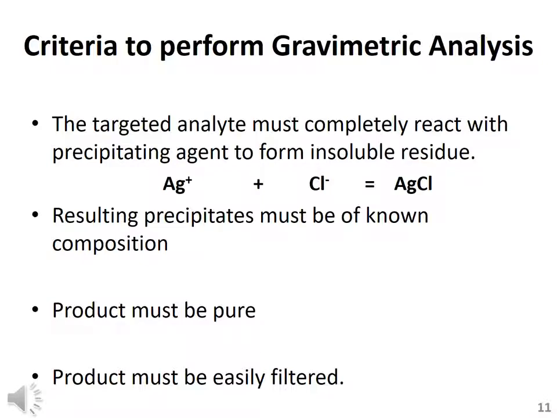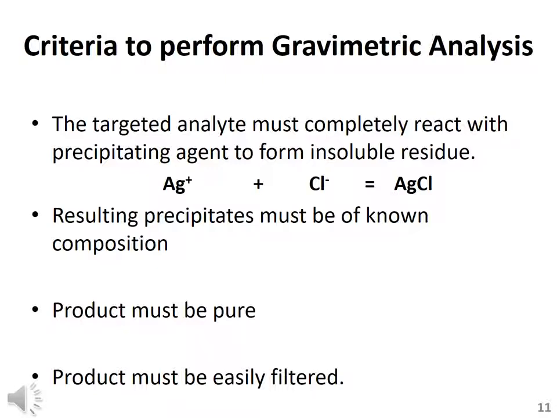So for example, if you are interested to carry out silver nitrate and the chloride anion solution, then the silver from the silver nitrate and the chloride from the sodium chloride will react and form silver chloride, and the silver chloride will appear as a white precipitate at the bottom of the container.